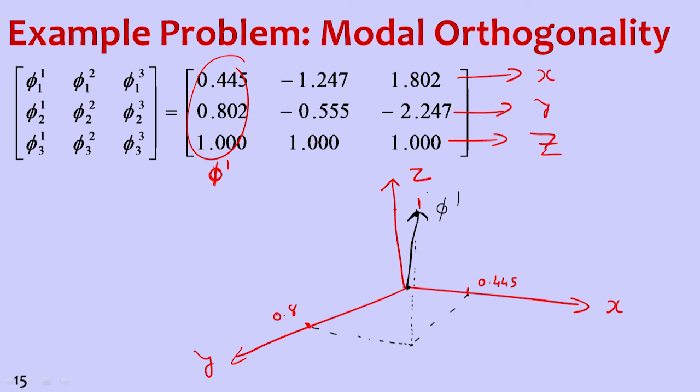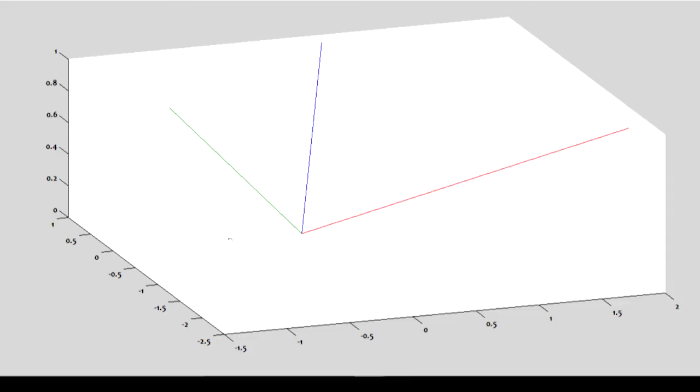Now when I compute the same thing for phi 2 and phi 3, let us look graphically at how it will look. Here you can see these are the three vectors. The way we generated phi 1, I am plotting phi 2 and phi 3.